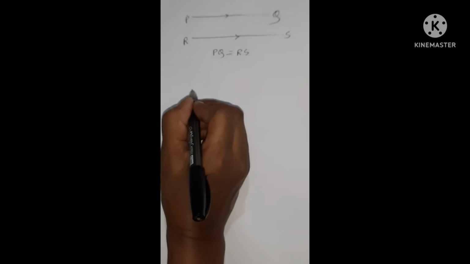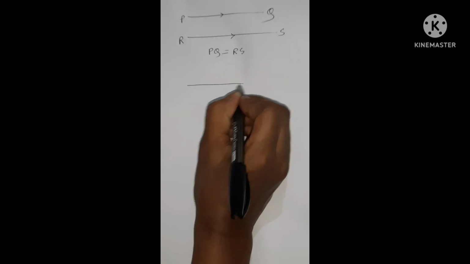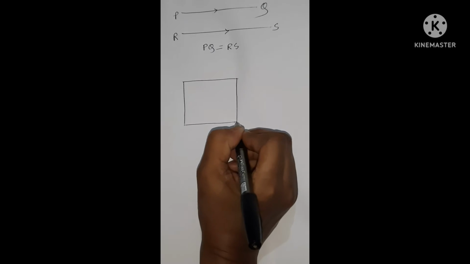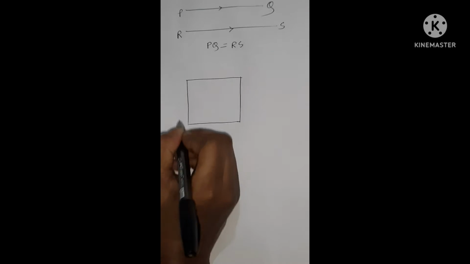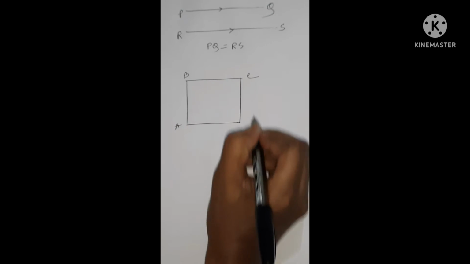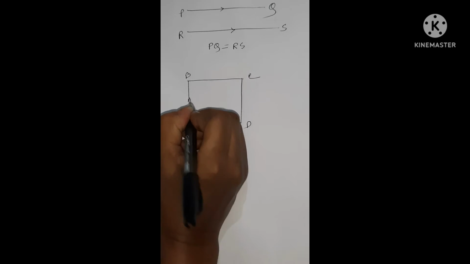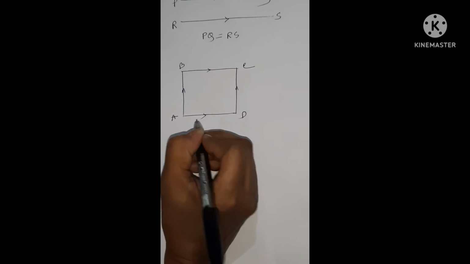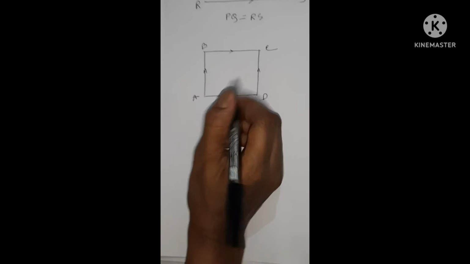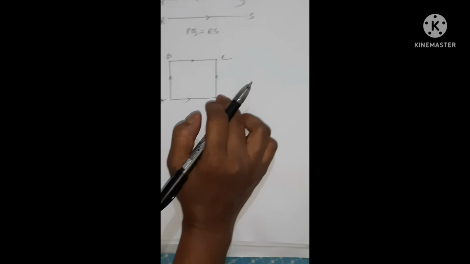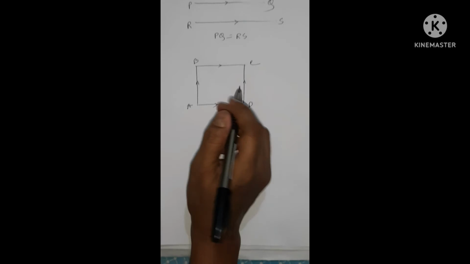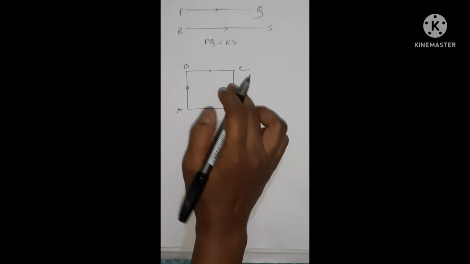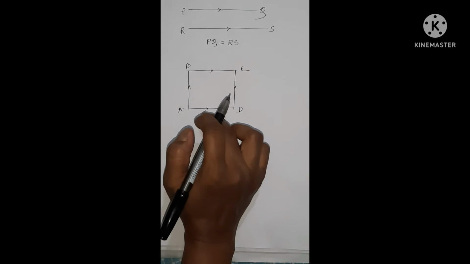For example, if ABCD is a square, then the vectors AB and DC are equal, and the vectors BC and AD are equal.